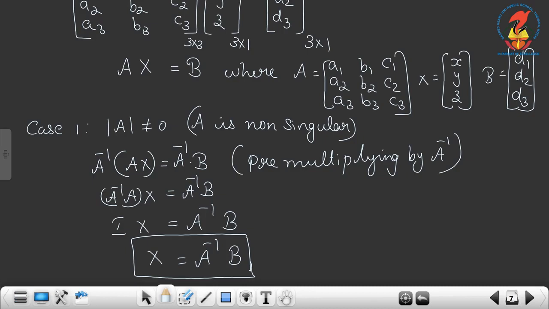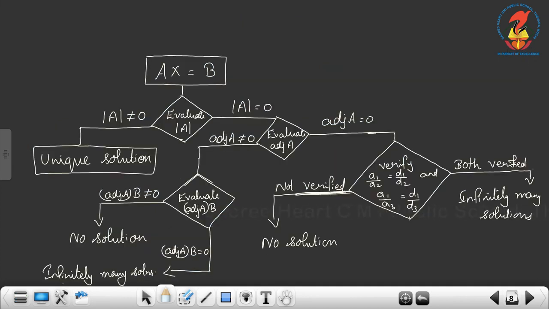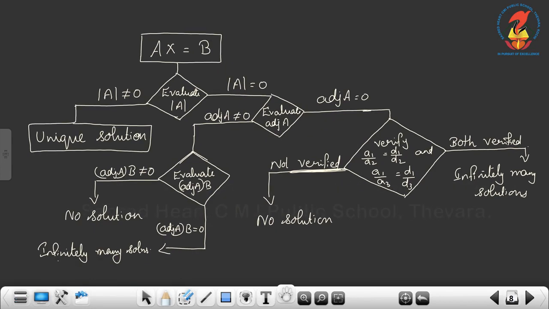Inverse of matrix A exists means determinant A cannot be 0. So if determinant A is equal to 0, what happens? We have another case. So look at this diagram, children. We have this equation AX is equal to B. You have to find determinant A. If determinant A not equal to 0, you will get the value.